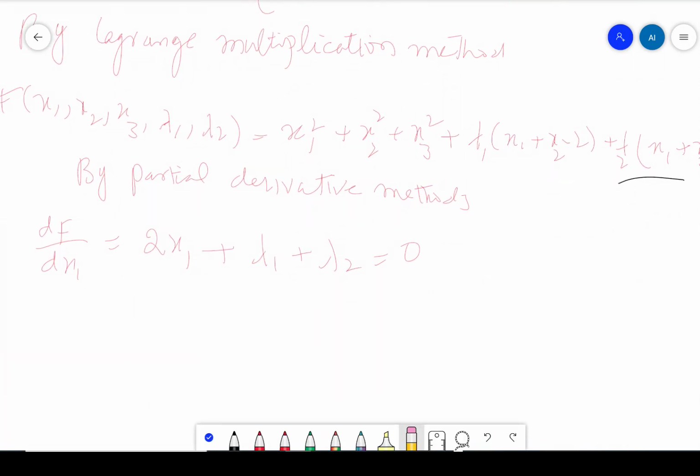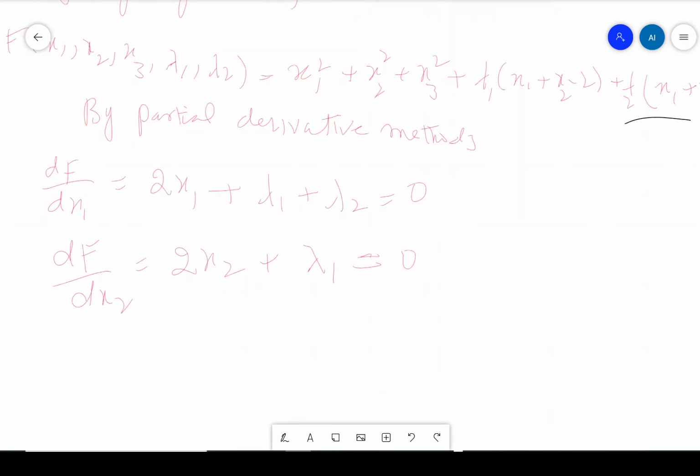Another equation will become the derivative with respect to x2 is equal to 2x2 plus lambda 1, and since there is no x2 in the second equation, it will become equal to 0.